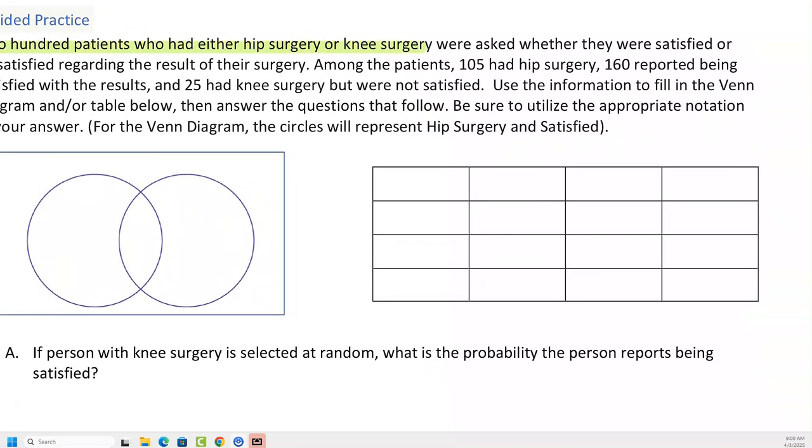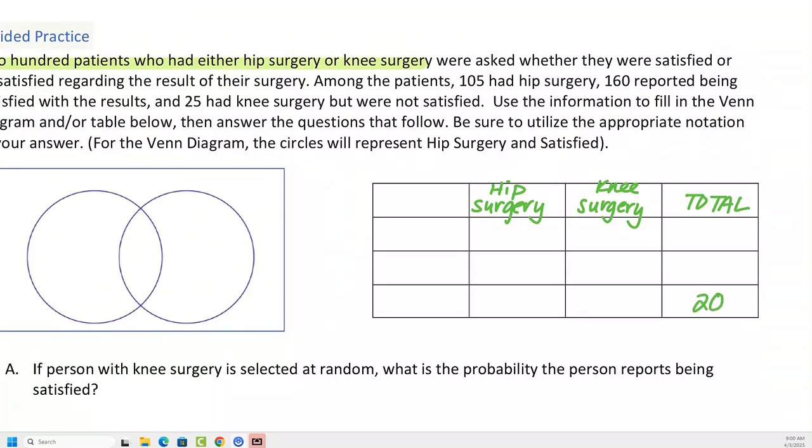So I'm going to put hip surgery here, and then knee surgery here. And I'm going to put total here. And they did tell me that it was 200, so I can write the 200 down here.